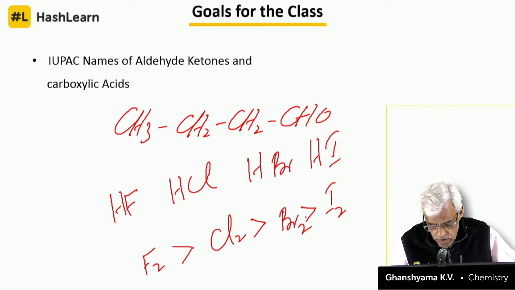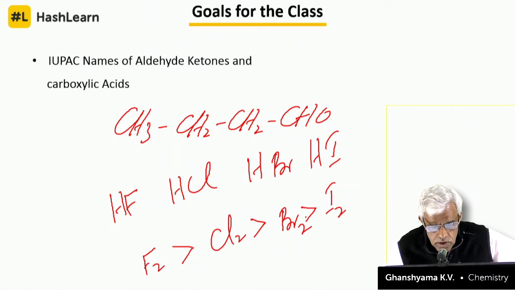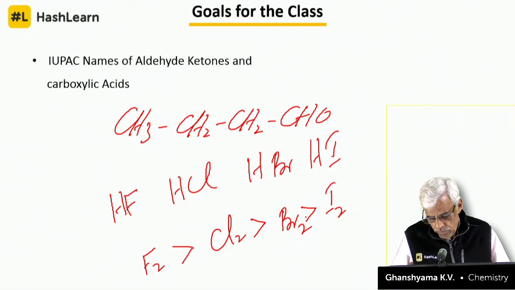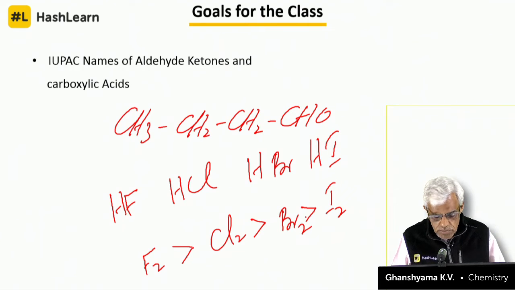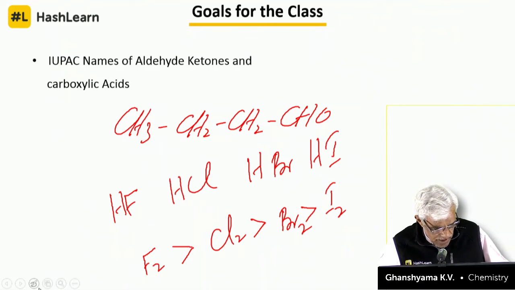So, did you follow? Fluorine greater than chlorine, greater than bromine, greater than iodine. That is the nature of reactivity. Fluorine is the most powerful oxidizing agent among the halogens. Iodine is the least powerful oxidizing agent. I will explain this and then go to the aldehyde, etc.